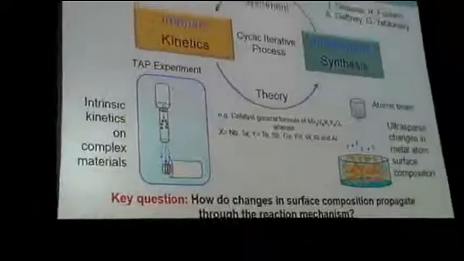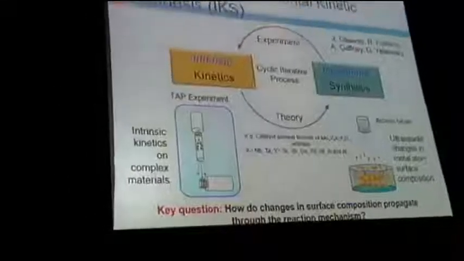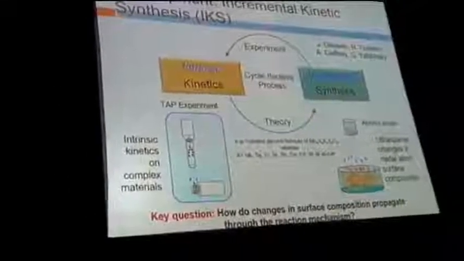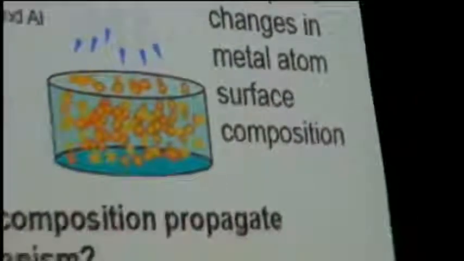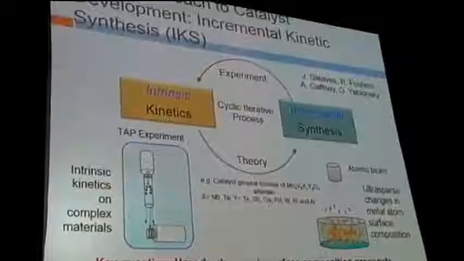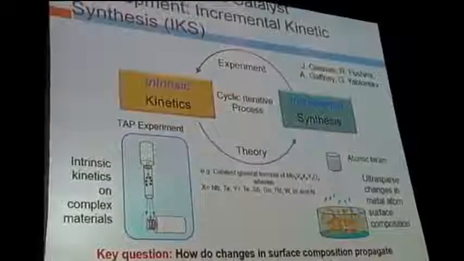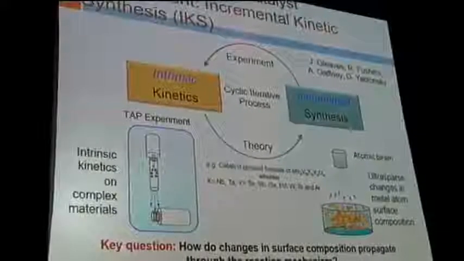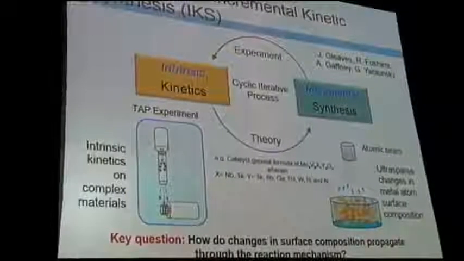And you can study very complex materials, actual working industrial catalysts this way. And then apply theory to the kinetic data generated. And Gregory Yablonsky is leading in this arena, coming up with different first principle theory of interpretation of the data.